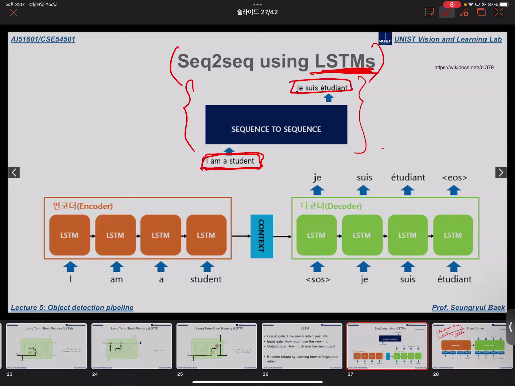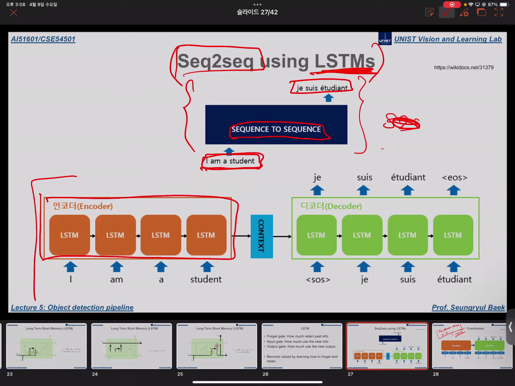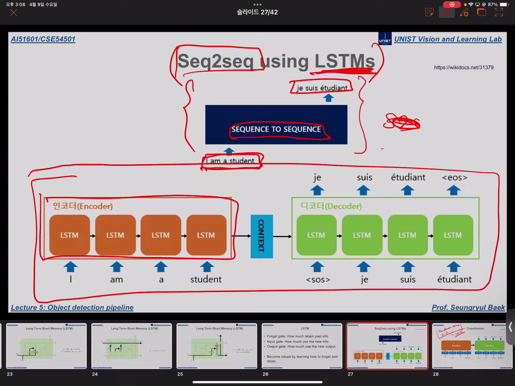This is the sequence to sequence network, sometimes abbreviated as seq2seq. We input a sentence and want to translate it using this network. If you magnify this network, it looks like this. This is the overall sequence to sequence network.